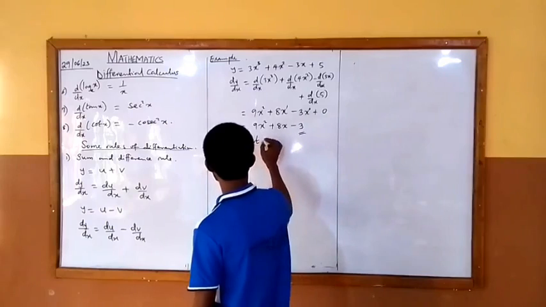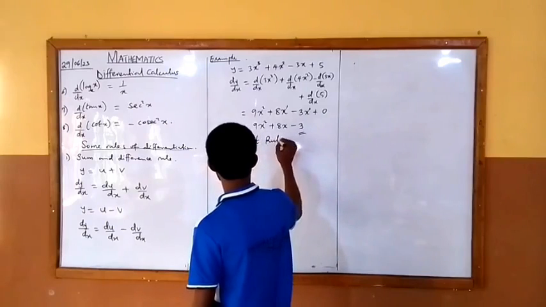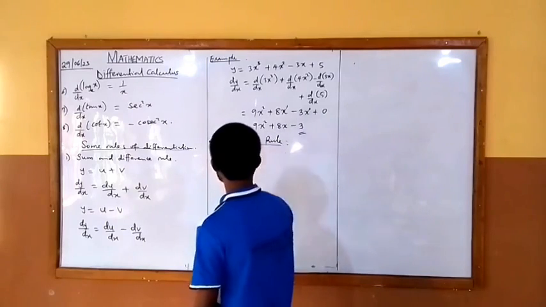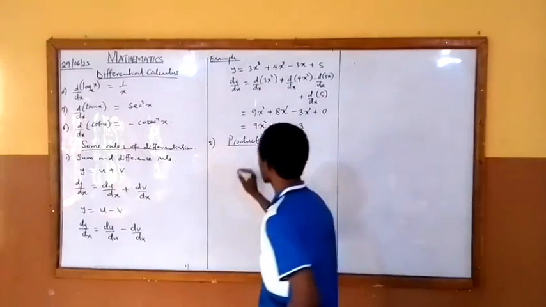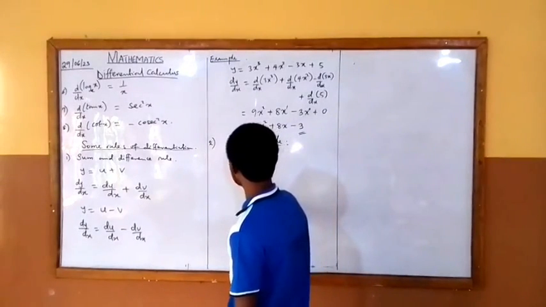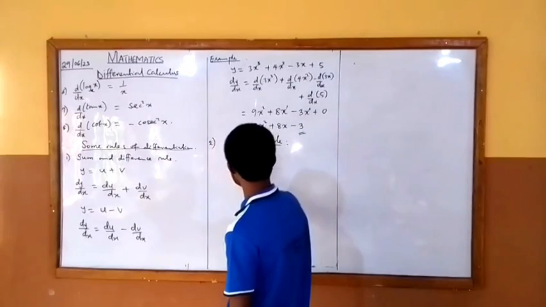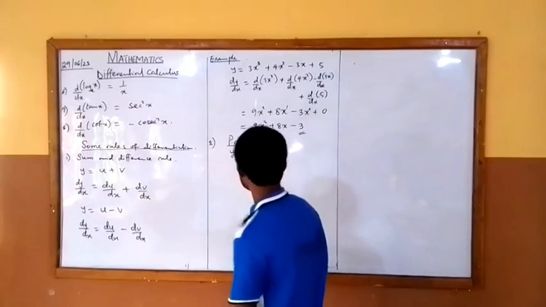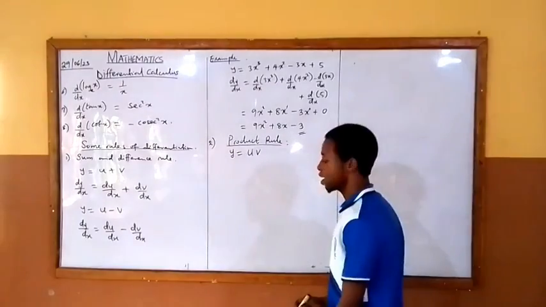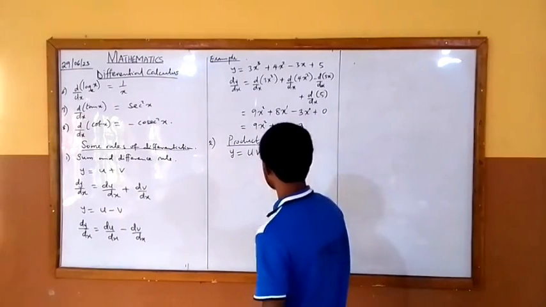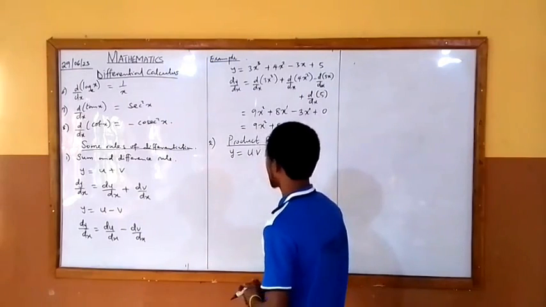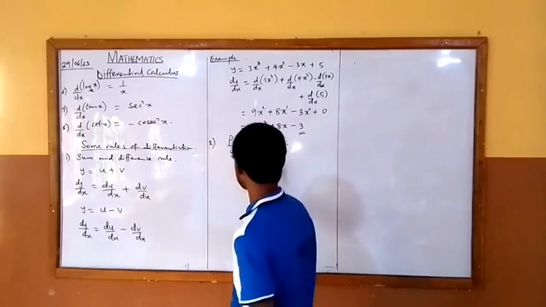We look at the product rule. From the word product, that's multiplication there. So when we have any function of the form y equals uv, you see u and v here multiplied. So u is a function of x, v is also a function of x, and we want to differentiate y with respect to x.